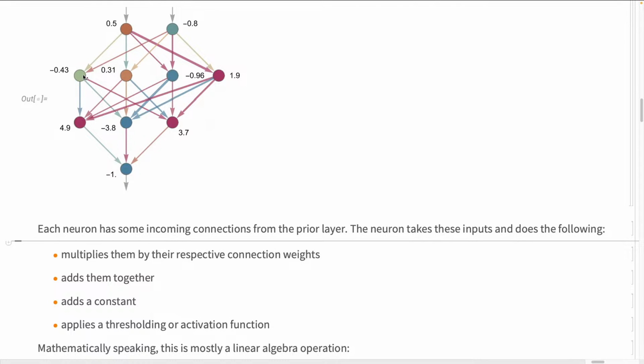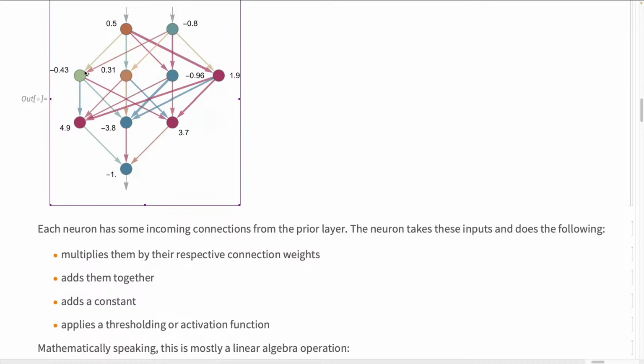When, say, this neuron sees a signal from this one and this one, it takes the signals, say 0.5 and negative 0.8, and weighs them differently. These different arrows have different strengths. So it's going to say, I think this one's really important, and this one's not particularly important. So maybe it has a big weight for this one and a small weight for this one.